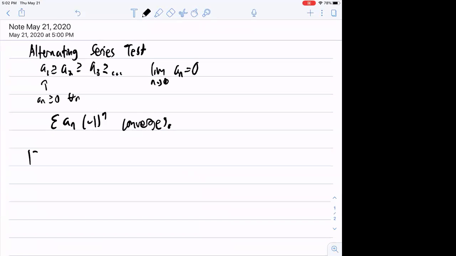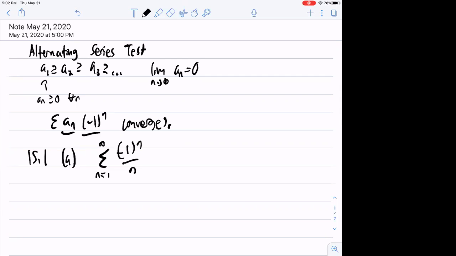So, for example, 15.1a. Very simple: sum of (-1) to the n over n. Here, what is my a_n? My a_n is 1 over n, because if you write it in this form, your a_n is 1 over n.